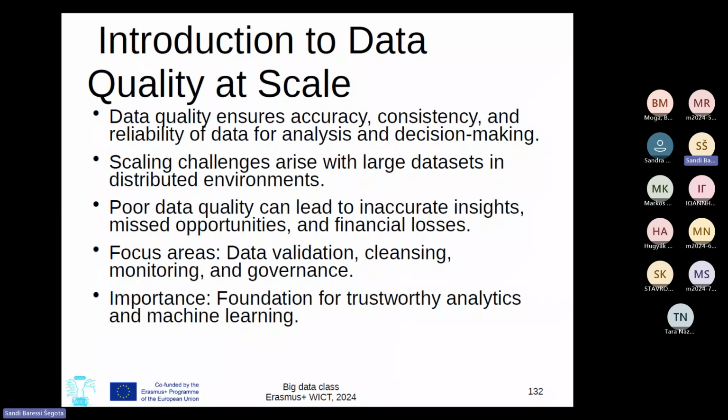Basically, whenever we are collecting data, we want to make sure the data is accurate, consistent, and reliable, so we can run any analysis that can support our decision making in the future. Of course, when we are collecting big data, we have a large volume, a large velocity, and a large variety of data.